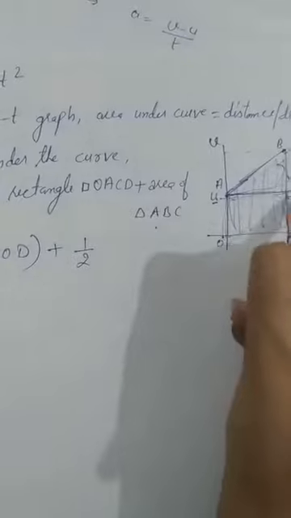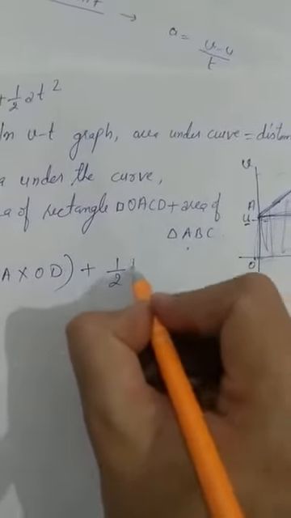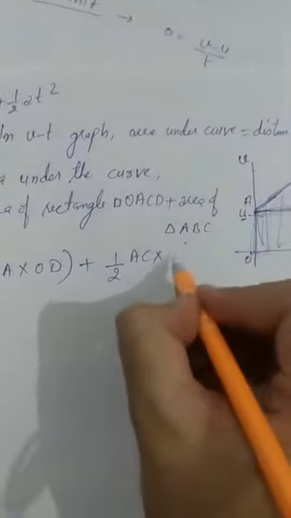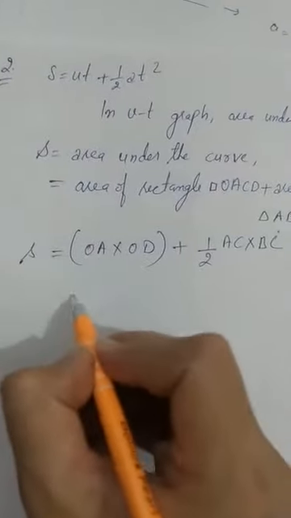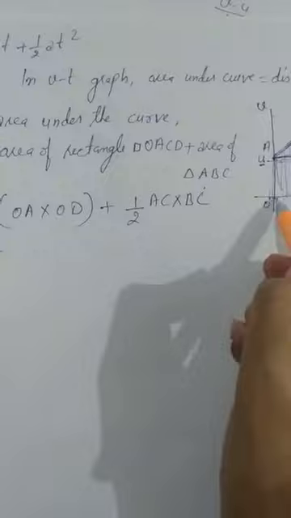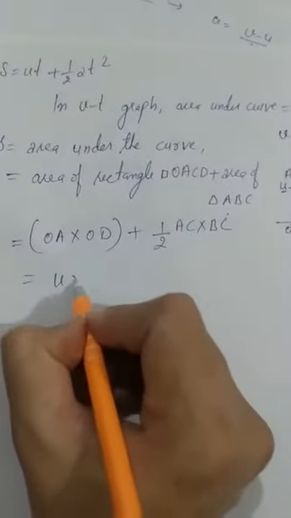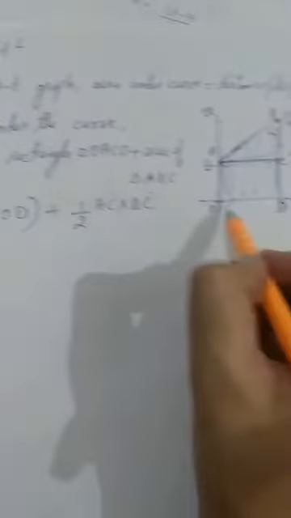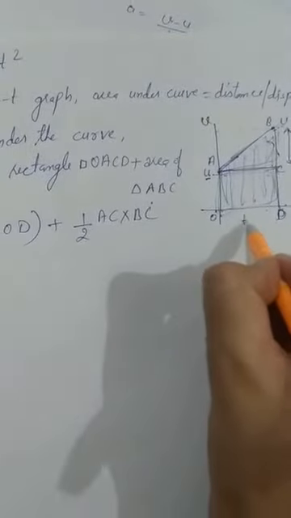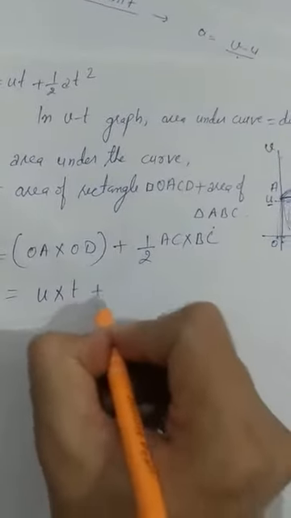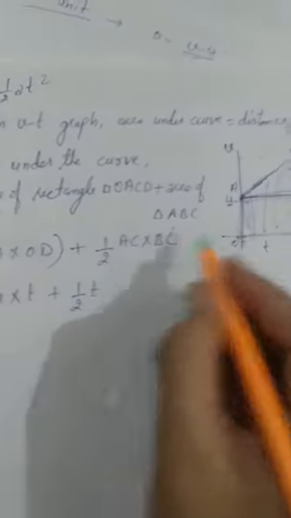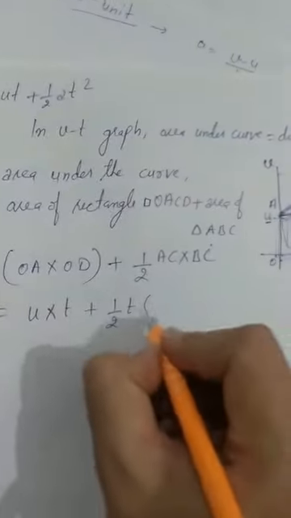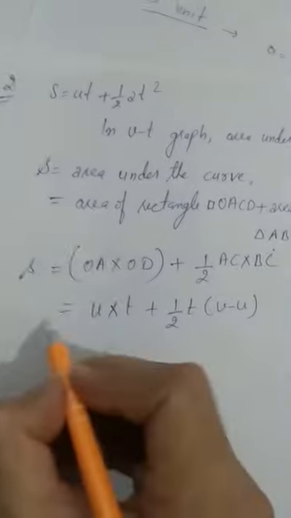This is our base and this is height. Base is AC and height is BC. Now put the values: OA is u, OD is t, so u into t, plus half AC into BC, where AC is again t and BC is v minus u.